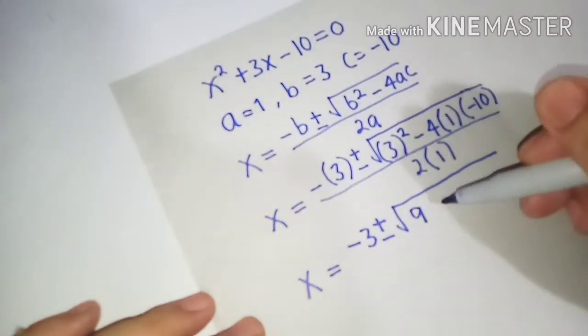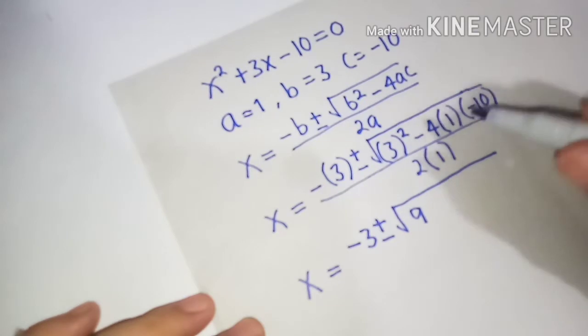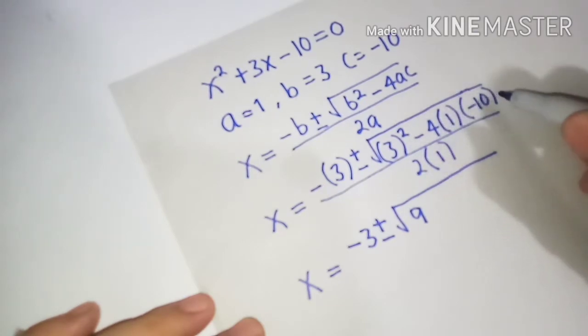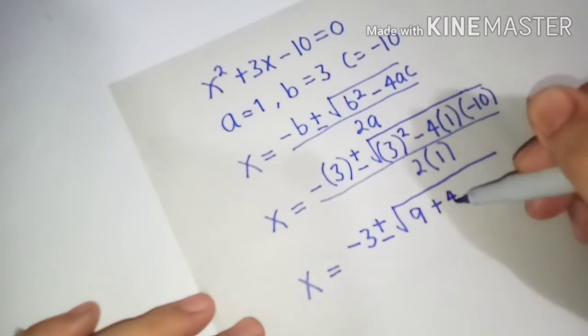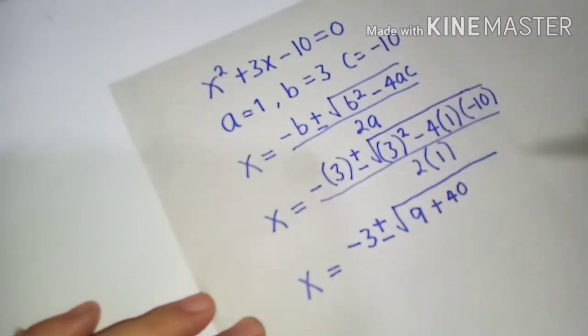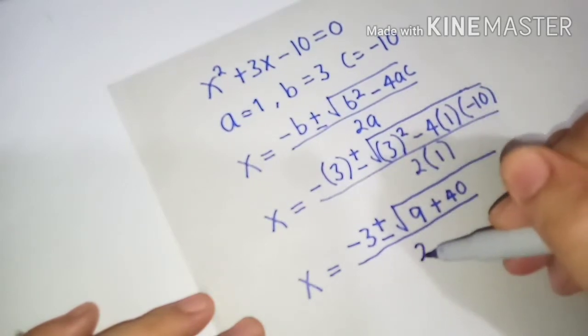And then negative 4 times positive 1 is equal to negative 4. Negative 4 times negative 10 is positive 40. So right here, positive 40. And then divided by 2 times 1 equals 2.